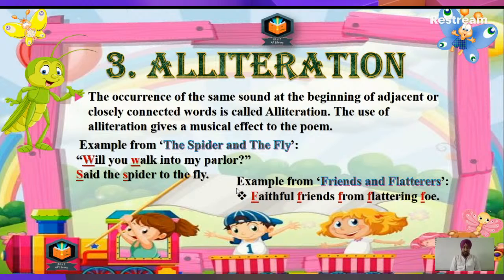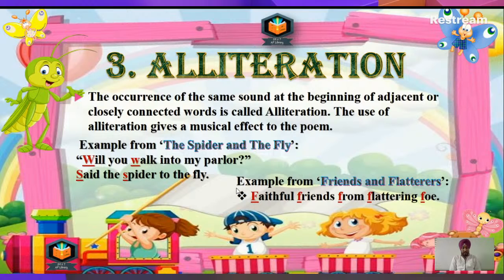Here we have the W sound repeated two times in the first line. Will you walk? And these are closely connected words, closely connected because you is a word with a different sound, but the next word has the same sound as the first word.